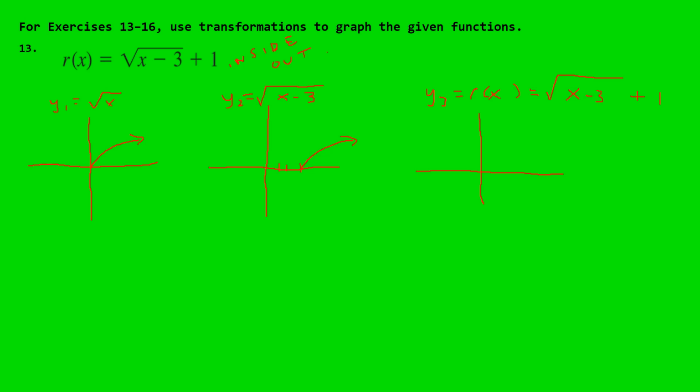Well, that's going to raise the graph one unit. And that's it. Full credit. There's the graph. You've given the reader enough reason to think that you know what the graph looks like. It's entirely in the first quadrant. Calculator would verify that.